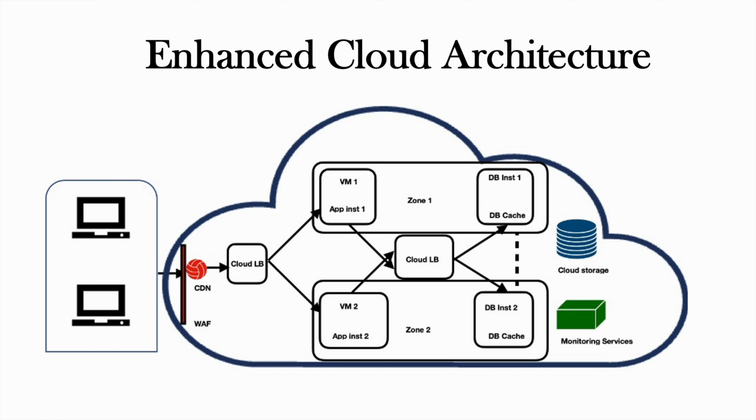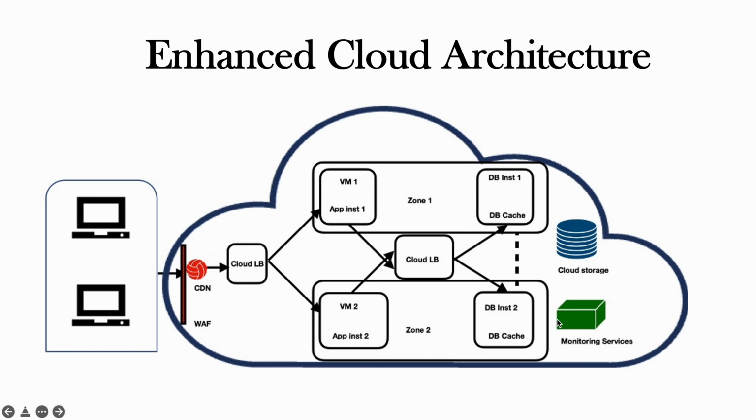That is resolved by using this DB cache mechanism, and the rest of the cloud storage and monitoring services are available as we saw in the previous architecture. This monitoring service keeps tracking your instance logs, analyzes them, sees if there are any flaws or failures in the logs, and reports to your monitoring tool.